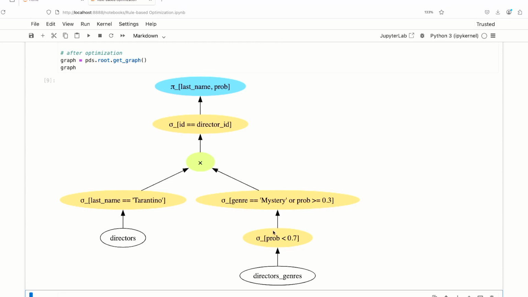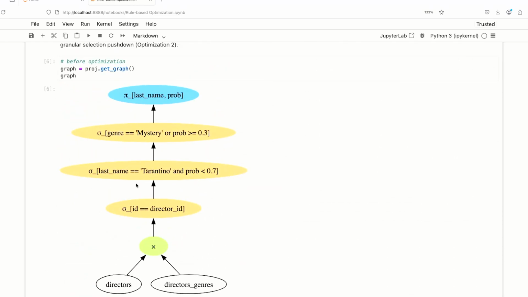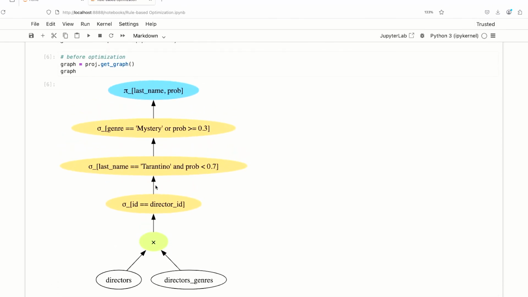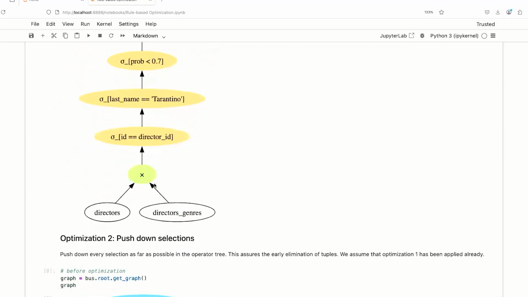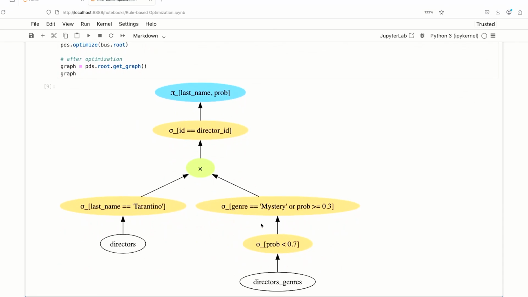If you go back, we had Tarantino and probability smaller than 0.7 in the same conjunct. Now, as I split it up, I could push the one to the left and push the other to the right. That wouldn't have been possible if I hadn't done that. So that basically answers that question. Sometimes you split it up and it doesn't make any sense because it goes down to the same place anyway. So what you could do now, of course, is recombine those into one expression, which is probably more efficient.